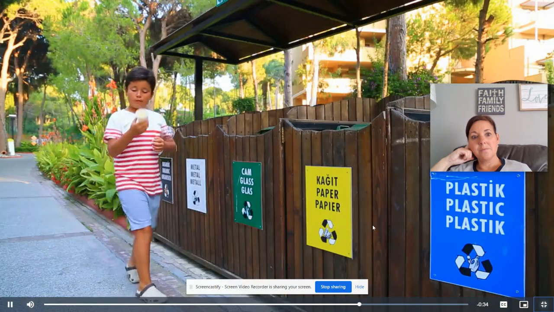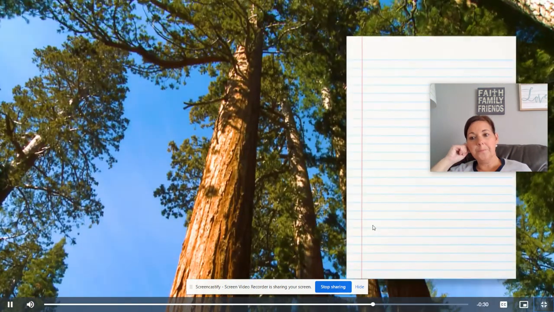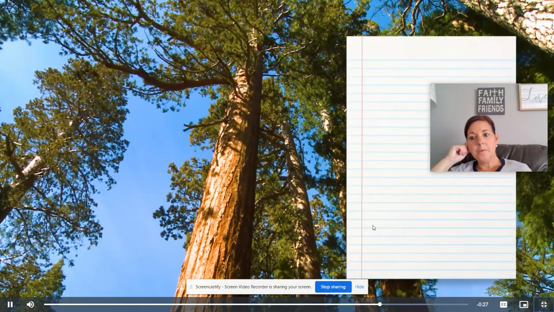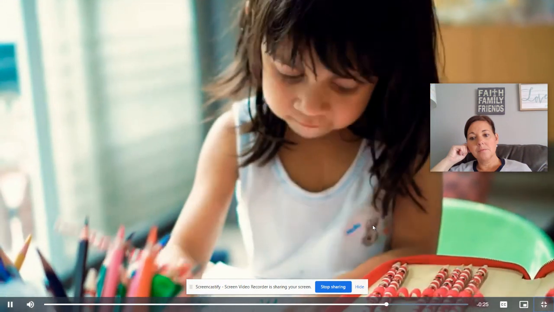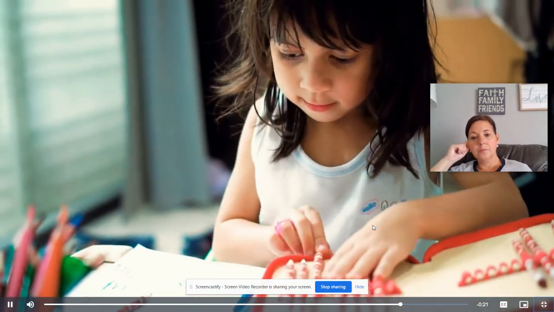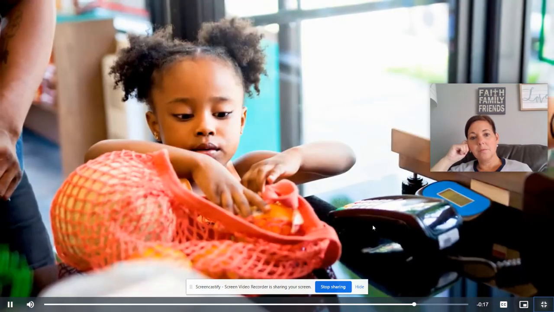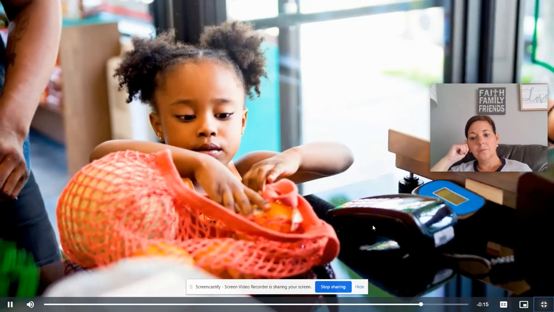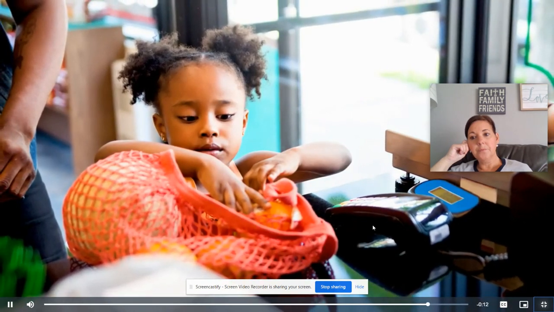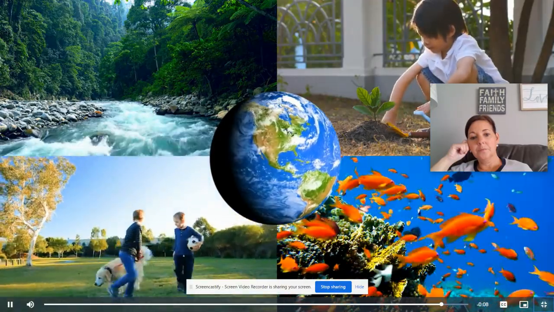You can throw your garbage in a trash can instead of throwing it on the ground. Did you know that paper is made from trees? You can save trees by using less paper. Draw on both sides instead of just one. Sometimes plastic bags blow into the ocean. You can use reusable bags instead of plastic ones when you go shopping. Thanks for keeping the Earth healthy. It's the only one we've got.